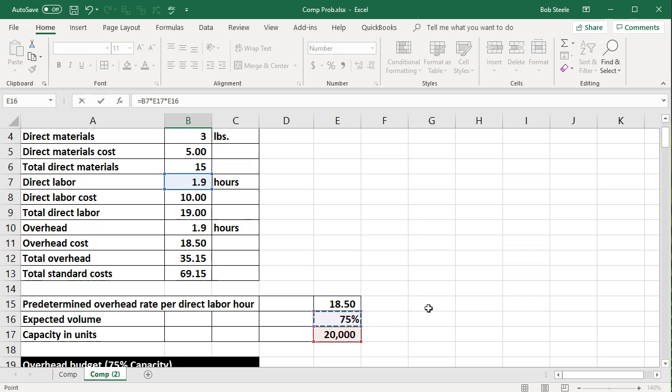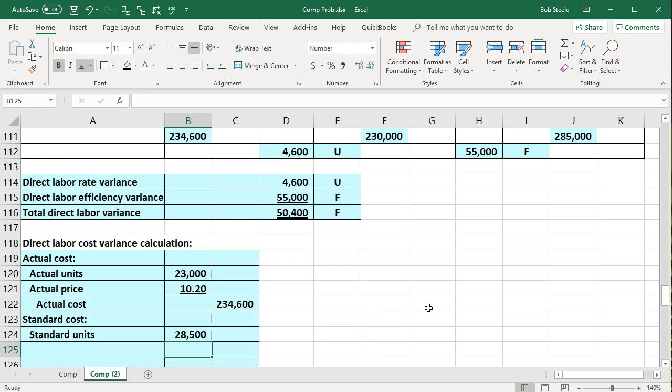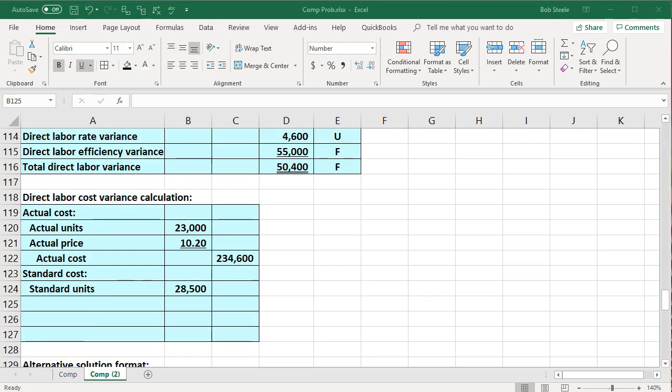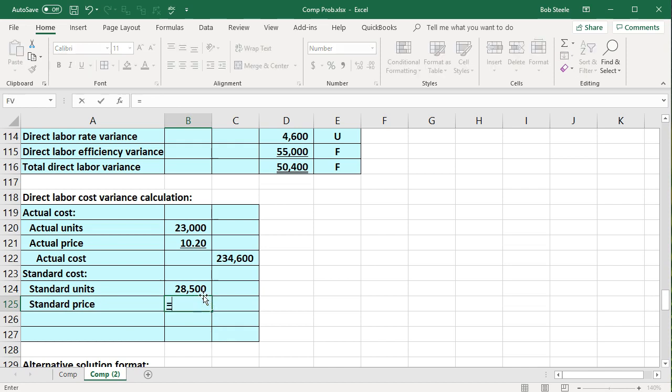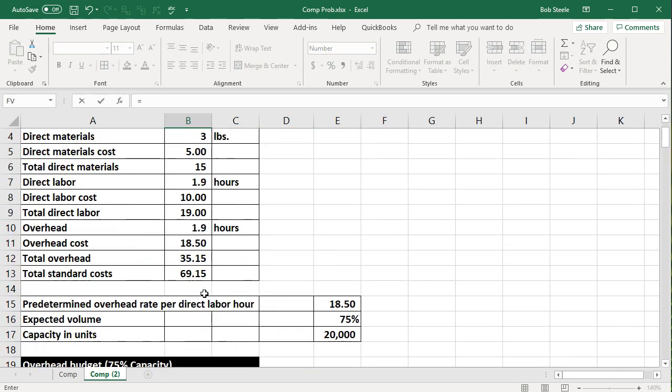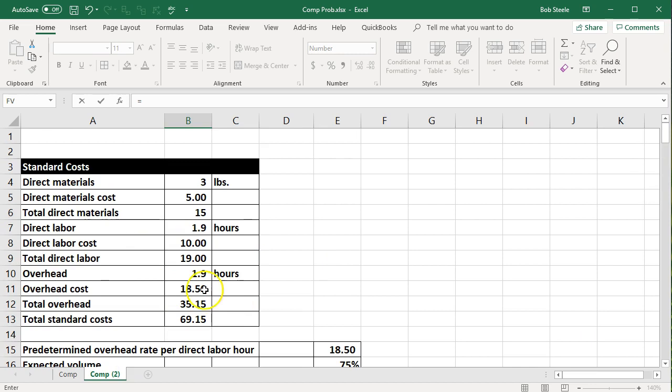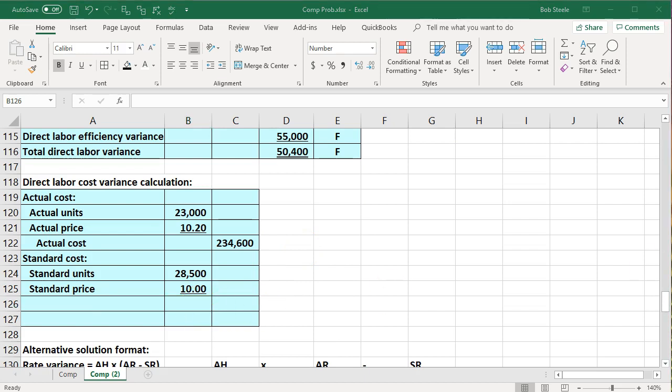So 20,000 times 75% times 1.9. That gives us the 28,500. Then the standard, or kind of like budgeted price, is going to be equal to, if we scroll back up top, the $10. And if we multiply that out, we'll get the standard cost.